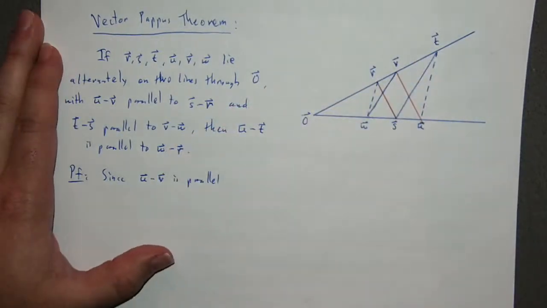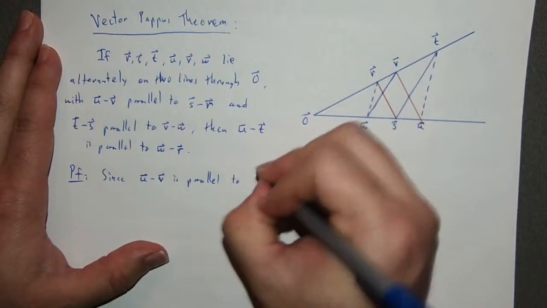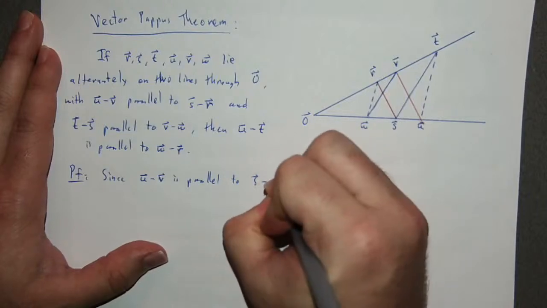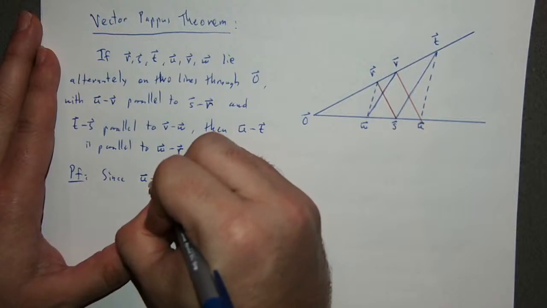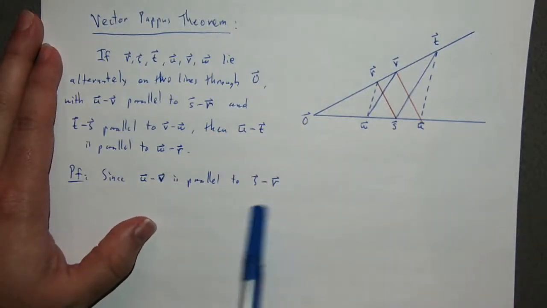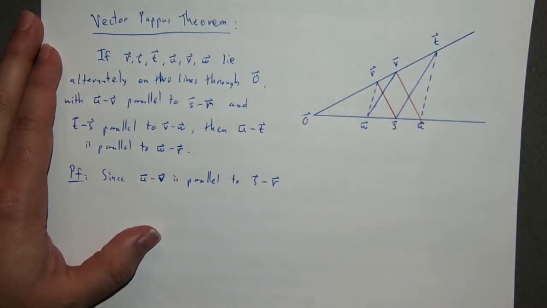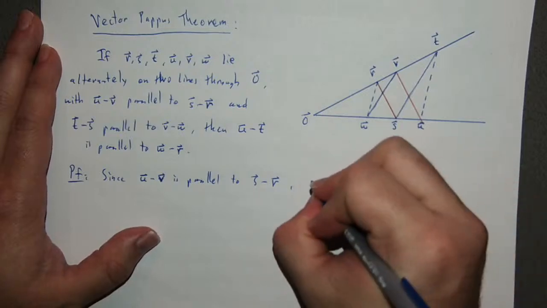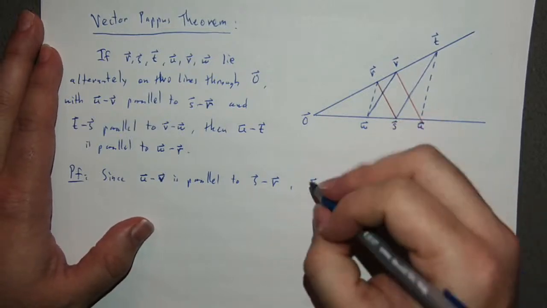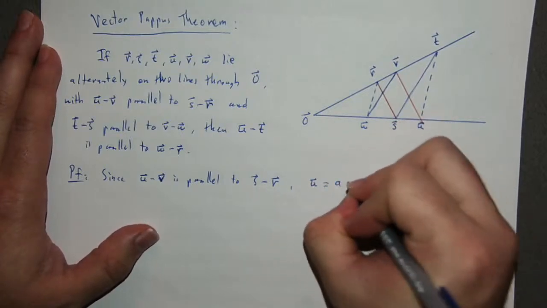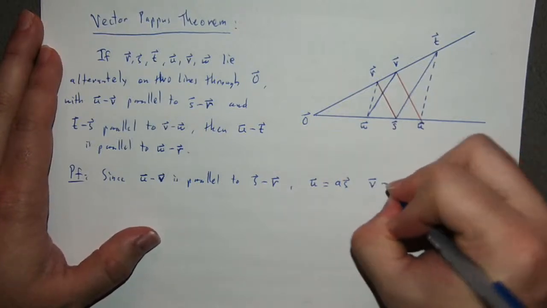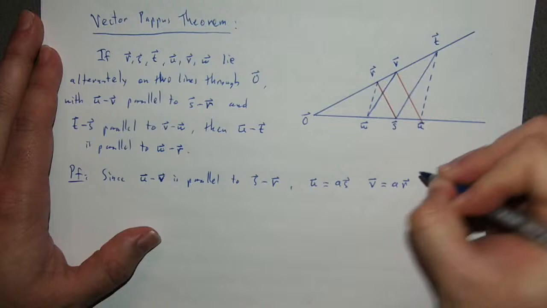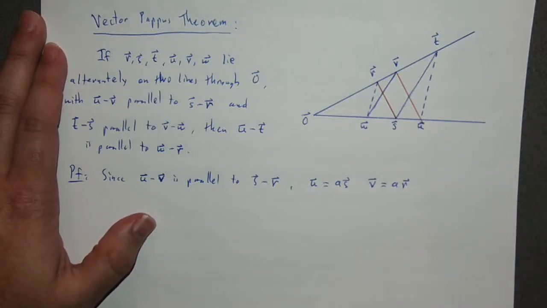So since U minus V is parallel to S minus R, by definition, U is equal to AS and V is equal to AR for some A.